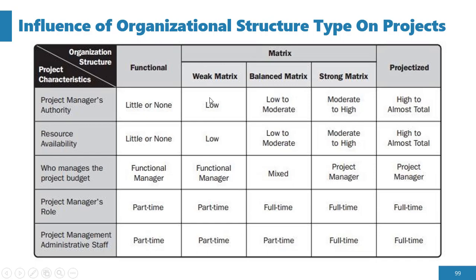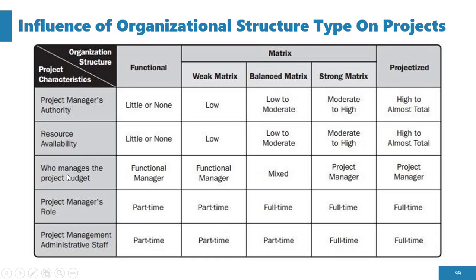And then in a weak matrix it is very low, in a balanced low to moderate, in a strong matrix moderate to high. But in a projectized organization, the project manager's control of resource availability is high to almost total. All right, he is the boss when it comes to a projectized organization.